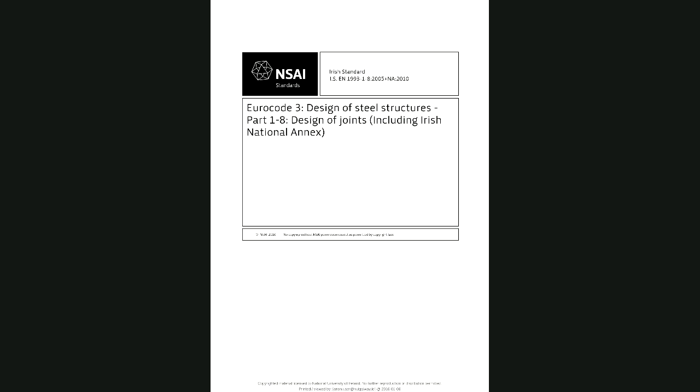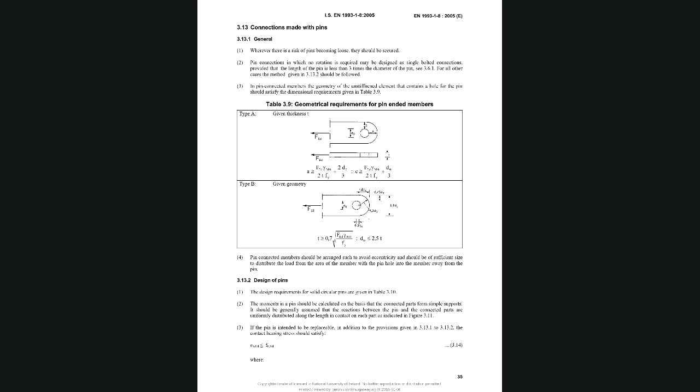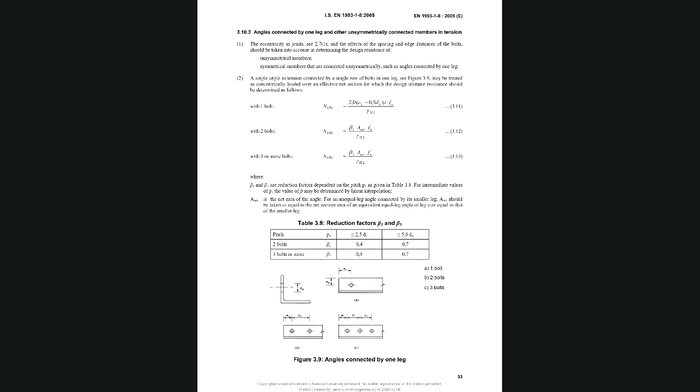And we get to 3.10.3, not too far. Okay, so 3.10.3: angles connected by one leg and other unsymmetrically connected members in tension.